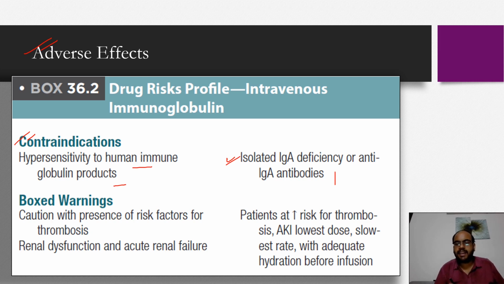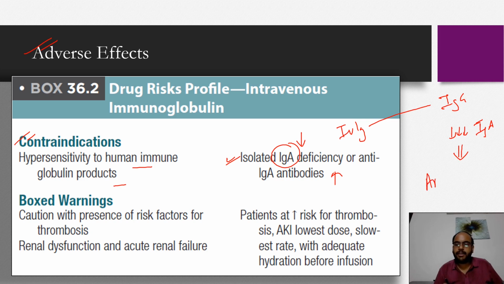So if a person has anti-IgA antibodies or the natural IgA is deficient, if you give IVIg, remember that IVIg majorly has IgG with very less IgA. So you are not giving IgA, and it has been shown that people with IgA deficiency, when they are given IVIg, it may lead to anaphylaxis. So that is why it's a big contraindication.